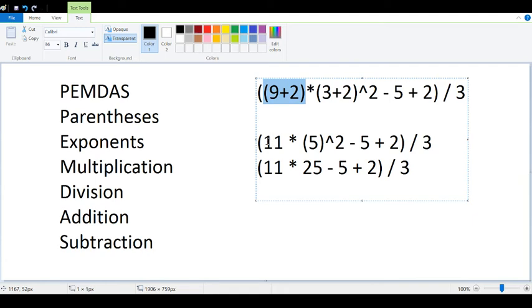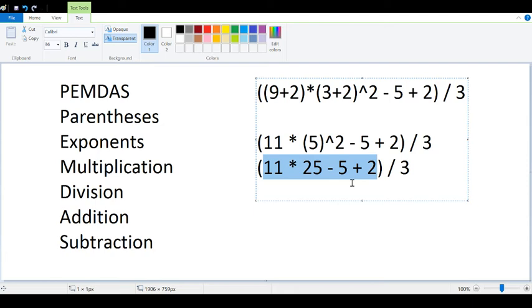Then, while I'm still in the parentheses, I've got to come in here and apply the order of operations to what's inside the parentheses. So I have to do the exponent next because that's PE, exponents. Got to look back in the parentheses again, and I see that we don't have any more parentheses.